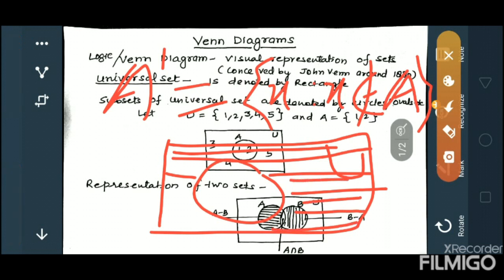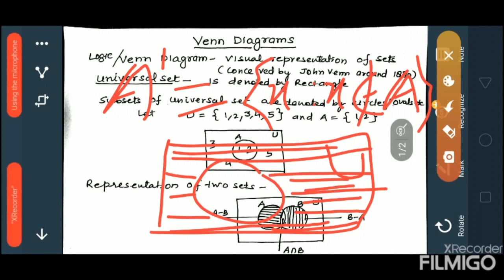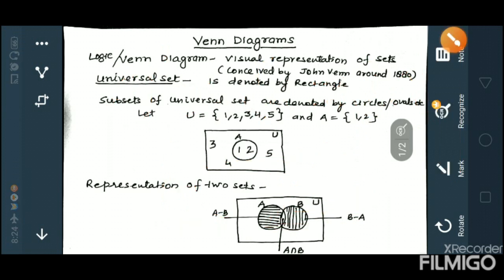This shaded region is called the complement of A. It is not intersecting A anywhere, meaning this region contains all the elements of the universal set except A. So this is the representation of the complement of a set.